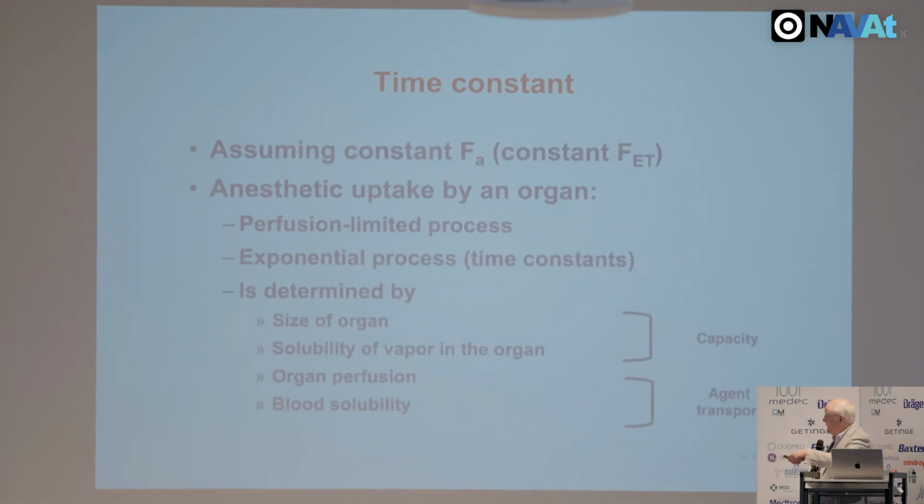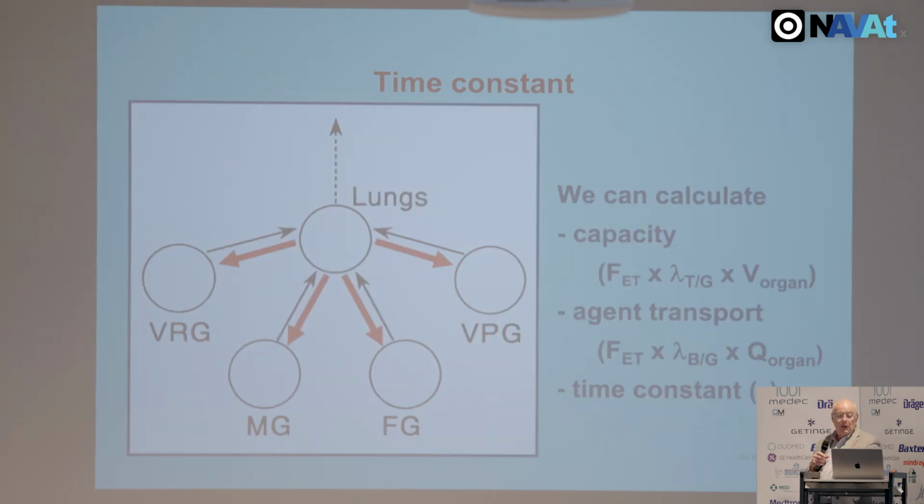These time constants can be calculated because we know the size of the organ, we know the solubility of vapor in the organ. Combined, that gives you the capacity. Organ perfusion, we know blood solubility, so we can calculate agent transport. And then we can calculate the time constant. Then it's very easy to calculate that.